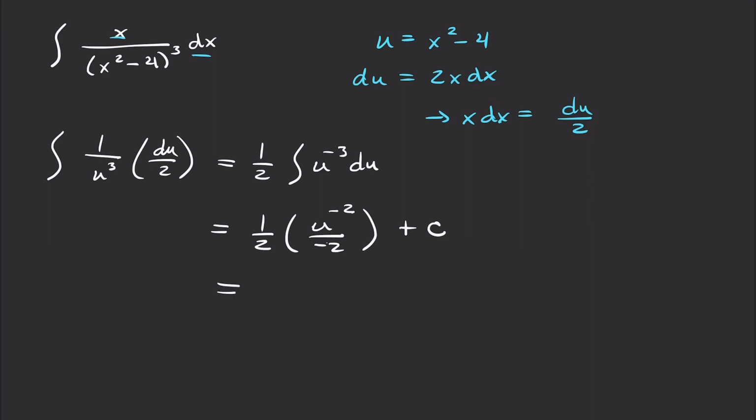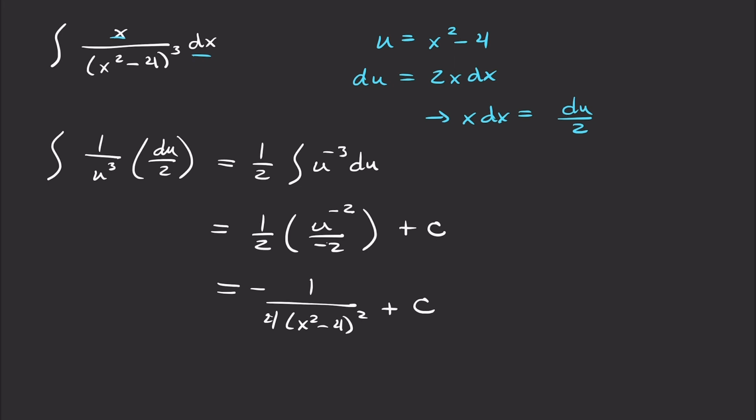And this will be, our u is going to come to the bottom since it's a negative exponent. And we get minus 1 over 4 since we get 2 times 2. Our u is x squared minus 4 all squared plus c.